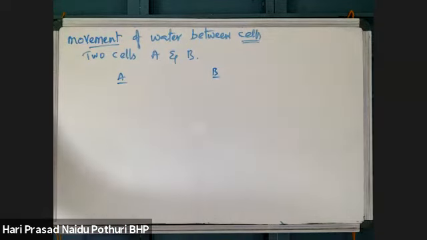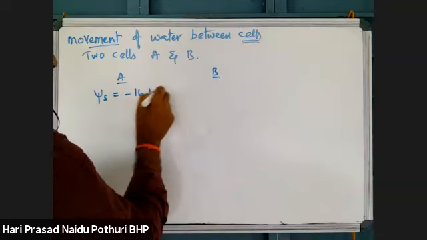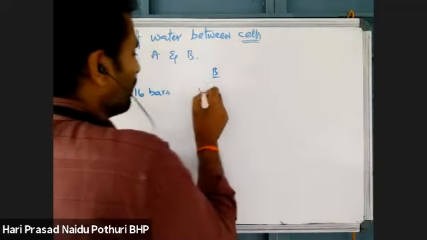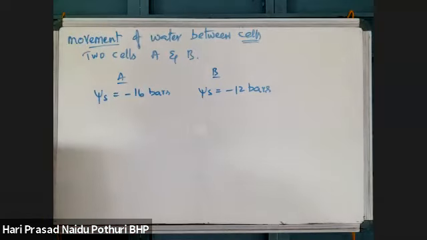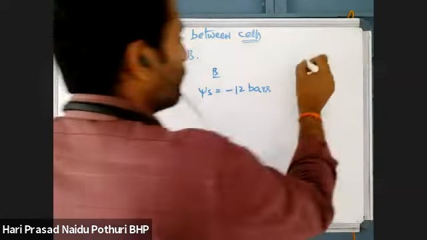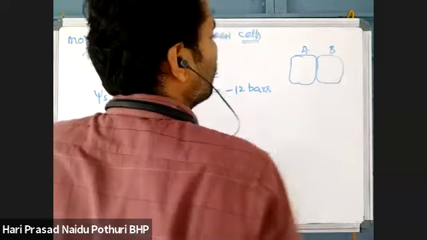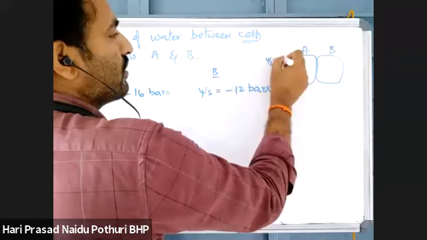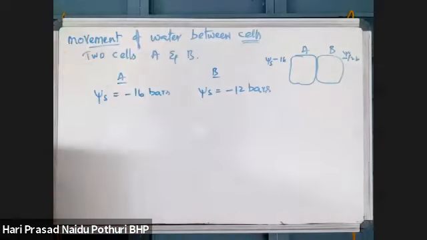Cell A has a solute potential of minus 16 bars, whereas cell B has a solute potential of minus 12 bars. Two cells will be kept side by side, cell A and cell B.